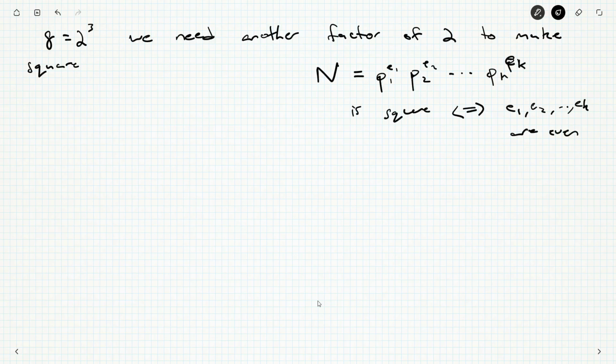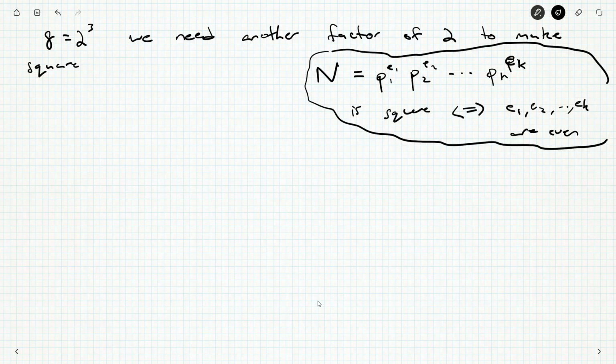Okay, so this is the basic fact that I'm using. If you want to, write it down somewhere in your solution, but I would say it's obvious, so I wouldn't dwell too much on it. But so we need an even number of factors of 2 here.